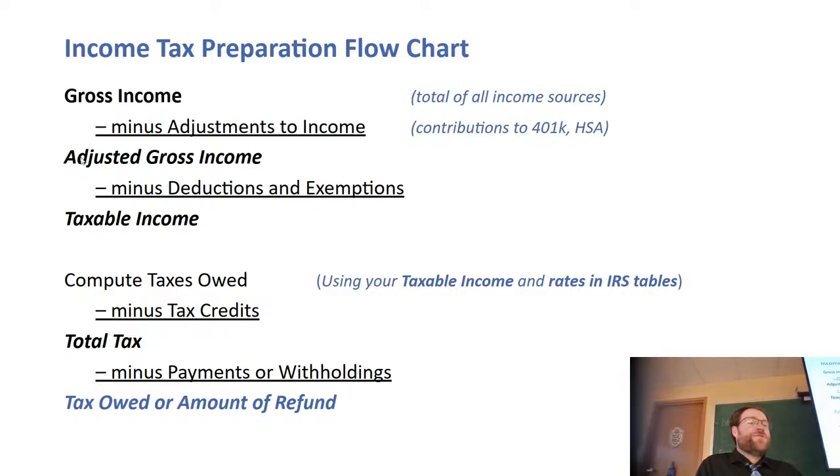Once you do that, that's your adjusted gross income, or how much money you made minus things that you contributed to that you can count towards your taxes. Everyone gets certain amounts of deductions and exemptions. Whatever's left over is your taxable income. And basically whatever that amount is, is the amount where you figure out how much you owe in taxes to the government.